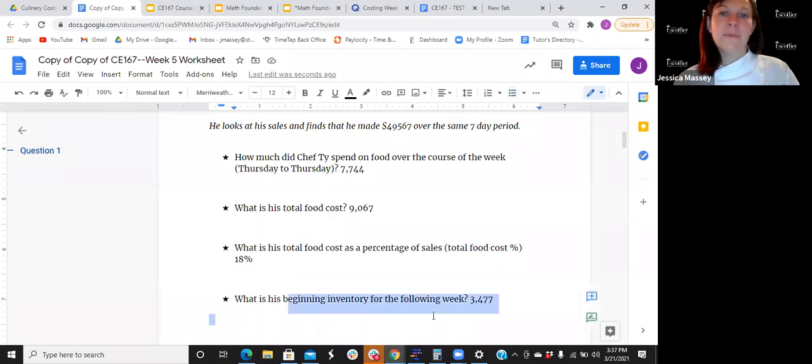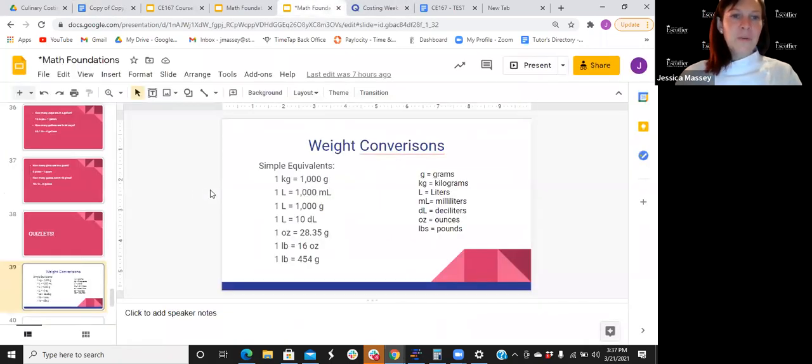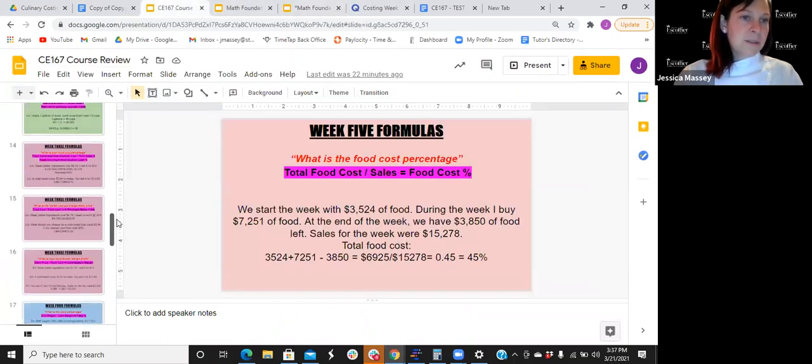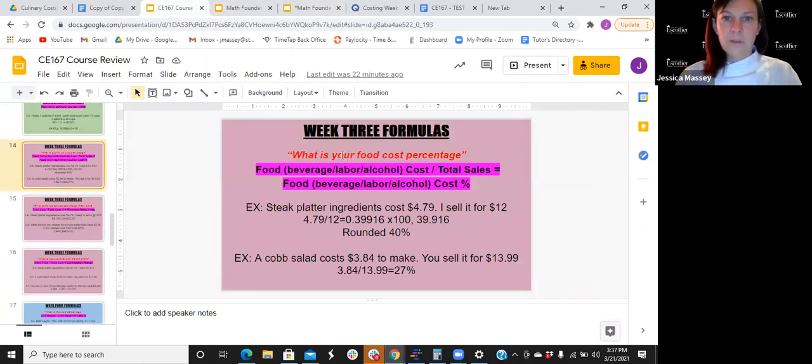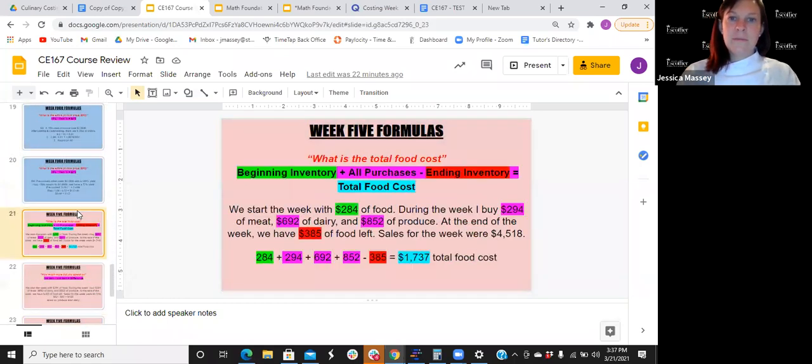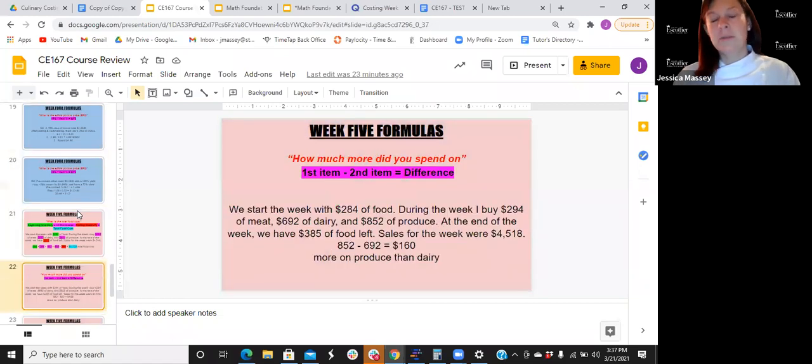I mean, the inventory, not so much, but your food cost percentage, your food cost divided by your sales is the exact same thing you guys did in week 3, when we were working on your food cost divided by your total sales for your steak or your salad. It's the same exact equation, just now it's the larger numbers. You're learning the same principles, just more numbers, really.